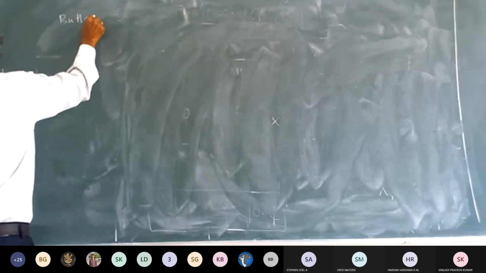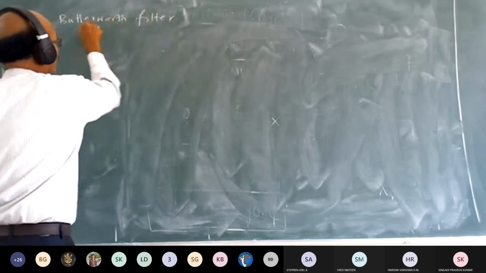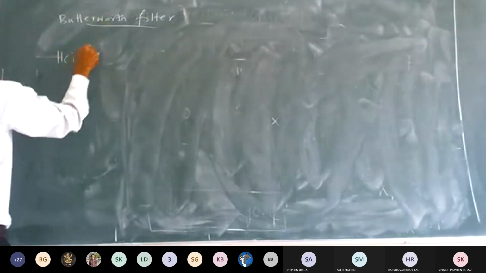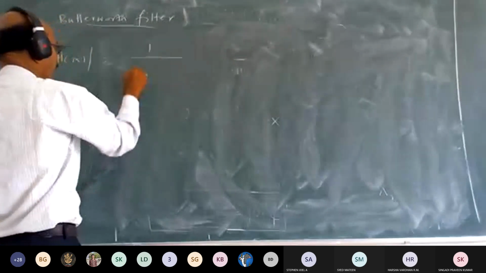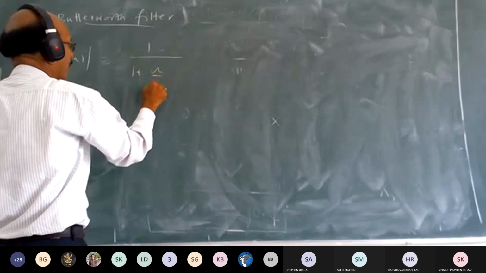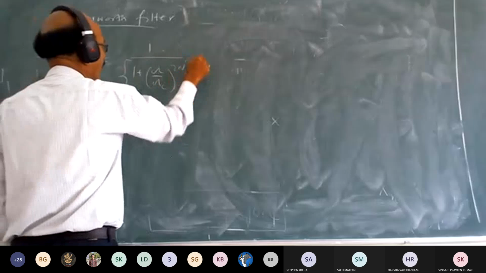Now, when we were discussing the Butterworth filter yesterday, I was telling you that the magnitude function of a Butterworth filter is given by 1 divided by the square root of 1 plus (omega by omega c) to the power of 2n.